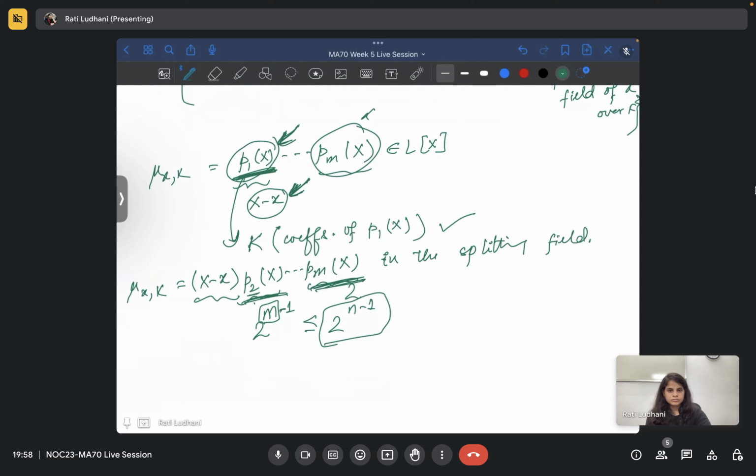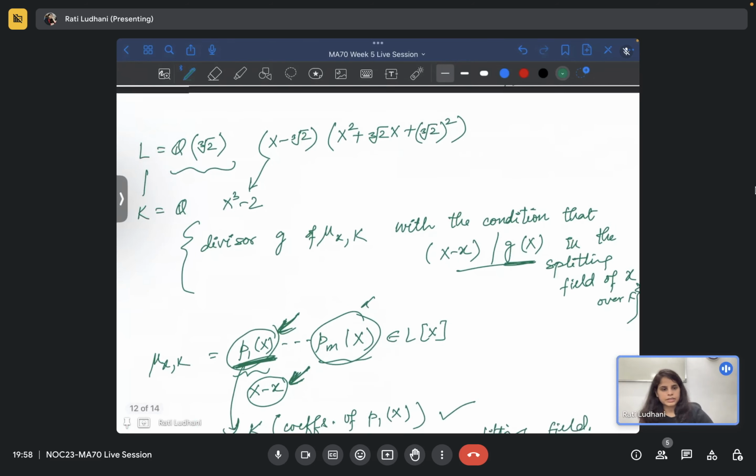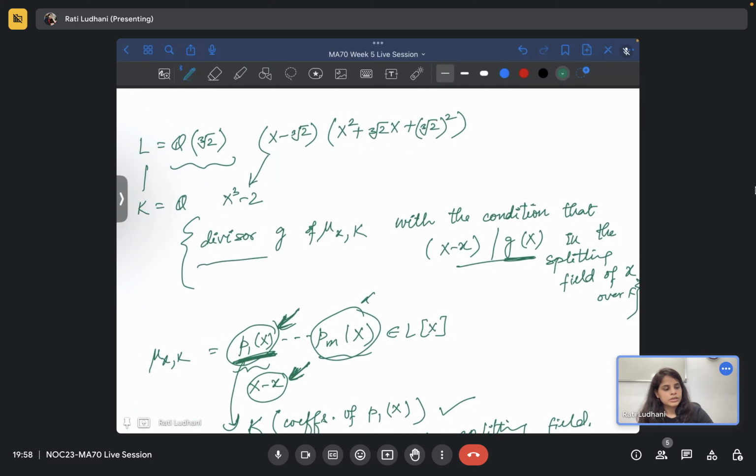That is why at most 2 to the power n minus 1. So there is always one factor we want, always the factor capital X minus small x. This factor always comes in, whatever field I have taken. Exactly, whatever field we take, we want mu.